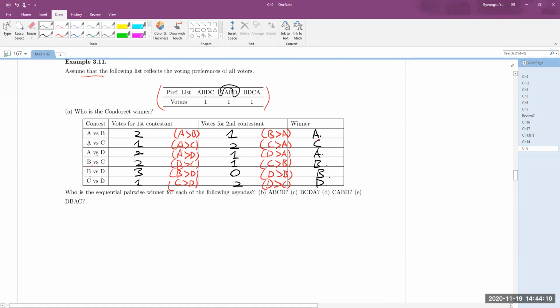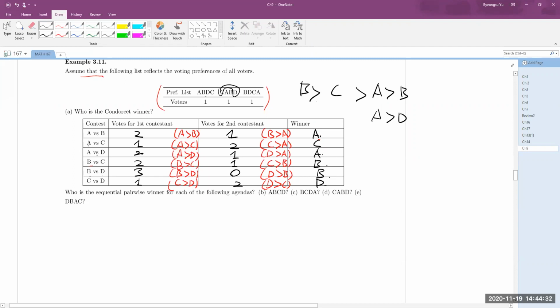So in this case, you can see that A beats B and A beats D, but C beats A, but B beats C, right?